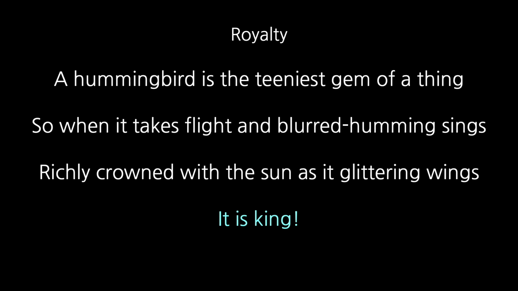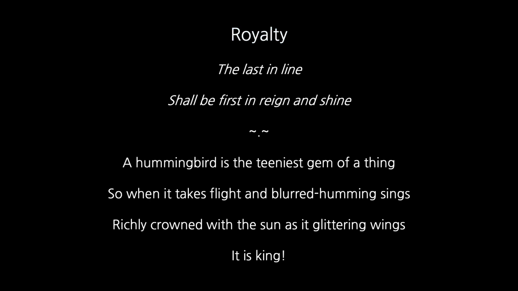Now, it is king takes us right back to the title of the poem. Now that we have all of these different lines coming together, from the introductory lines to the main four lines, we can understand why this poem is called Royalty.